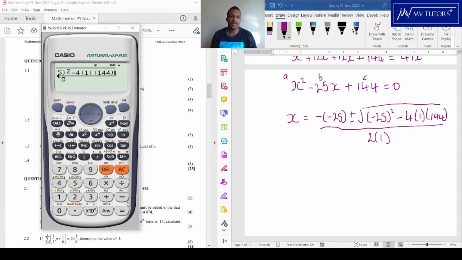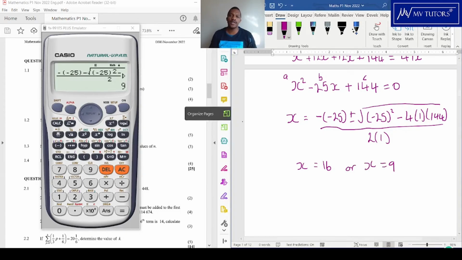And then downstairs, it's just 2 times 1. I'll just leave it as 2. And x is equal to 16. Or, let's go back and change that positive sign into a negative. Or x is equal to 9.